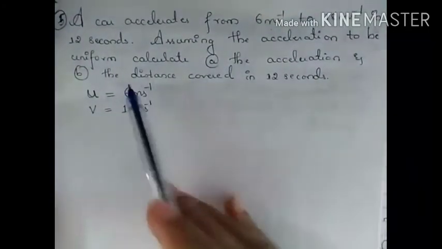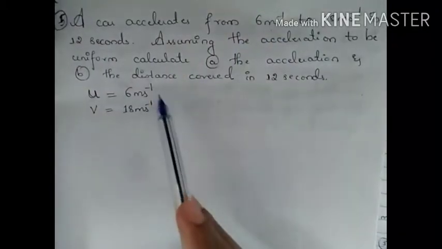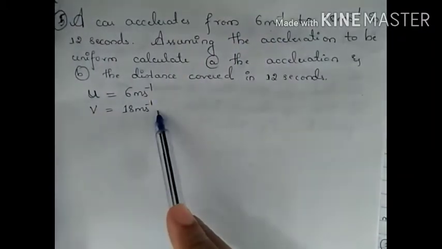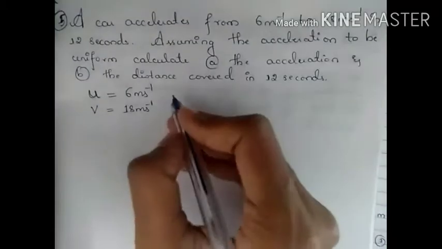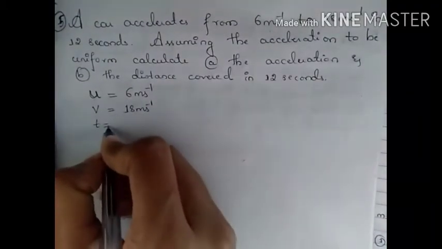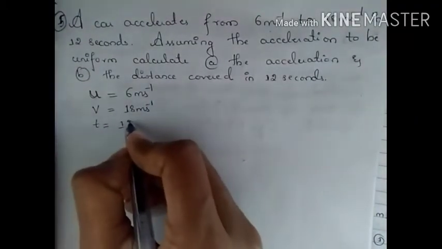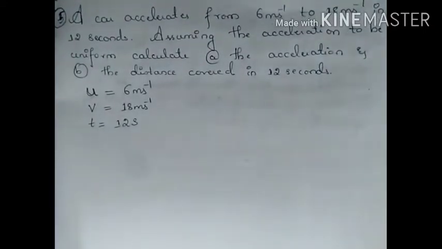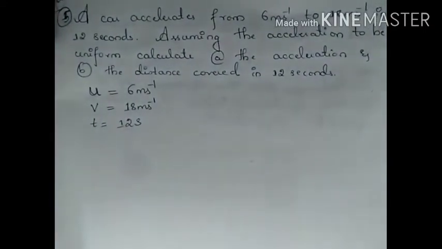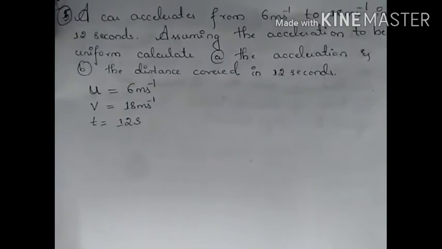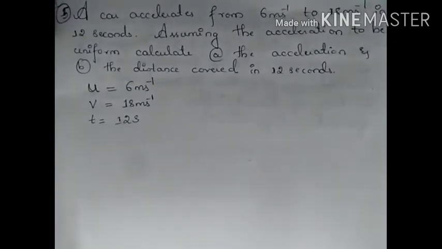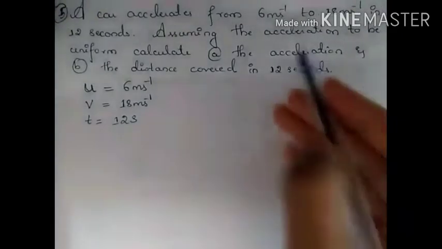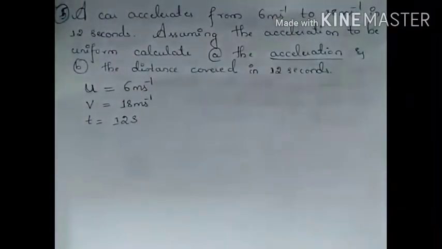So from the question, the initial velocity and final velocity is given, and time is also given. So time is equal to 12 seconds. Initial velocity, final velocity and time is given to us, and we are supposed to calculate the acceleration.